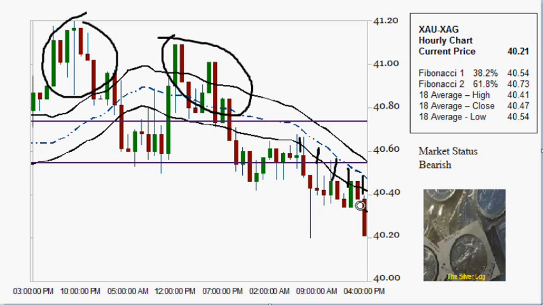The final hour of the day had a nice little red candle breaking this key support level, coming back to its previous intraday resistance or support.